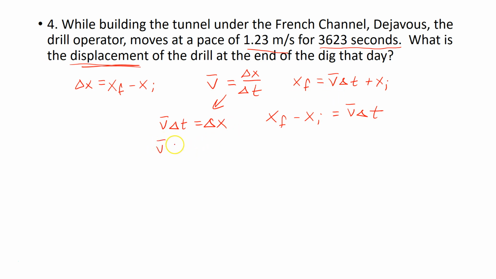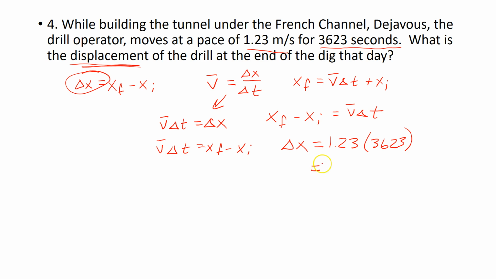So if we would work this one out, we would say velocity times the change in time is equal to the final minus the initial position. And that is displacement. So let's go ahead and just use this equation, and we'll simplify it and say, well, this is really just the change in position is equal to, now our velocity is 1.23 meters per second, and the time is 3,623 seconds.